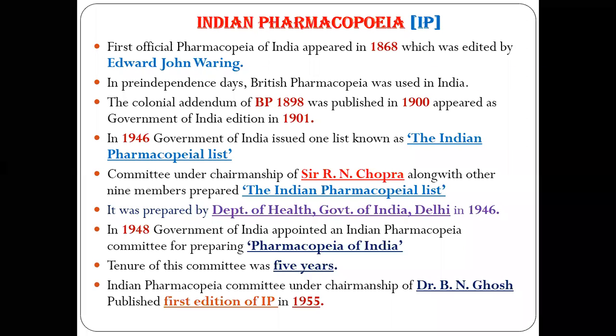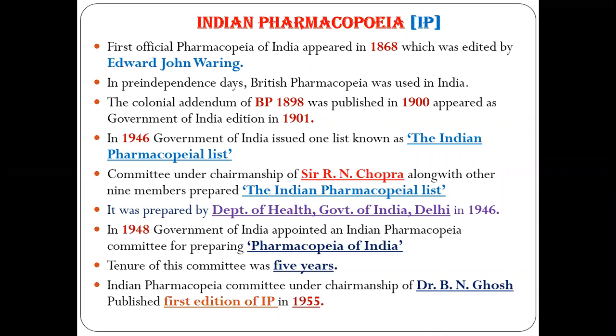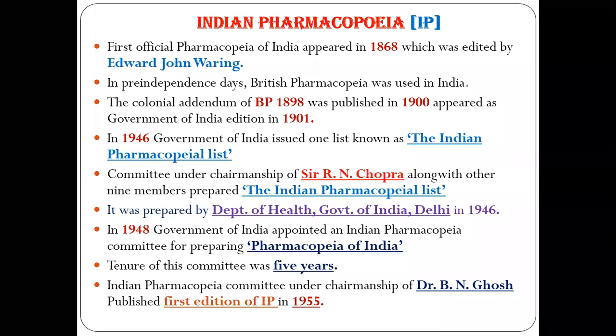Then the Colonial Addendum of the British Pharmacopoeia 1898 was published in 1900. It appeared as the Government of India edition in 1901. It means before independence, we were referring most probably to the British Pharmacopoeia for all kinds of information.